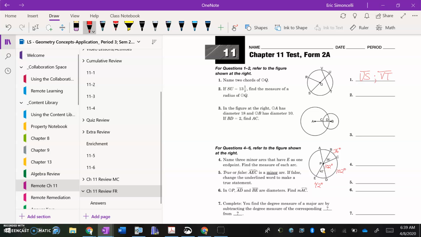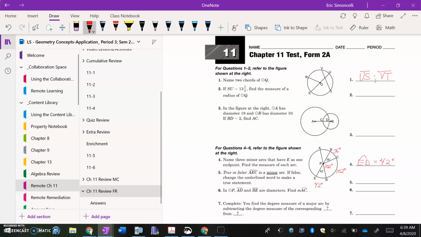Because they're asking for minor arcs whose endpoint is at E, well, we already have one, right? I'm going to be filling in the rest of the arcs and angles in a moment, but we know that minor arc ED is equal to 42 degrees.